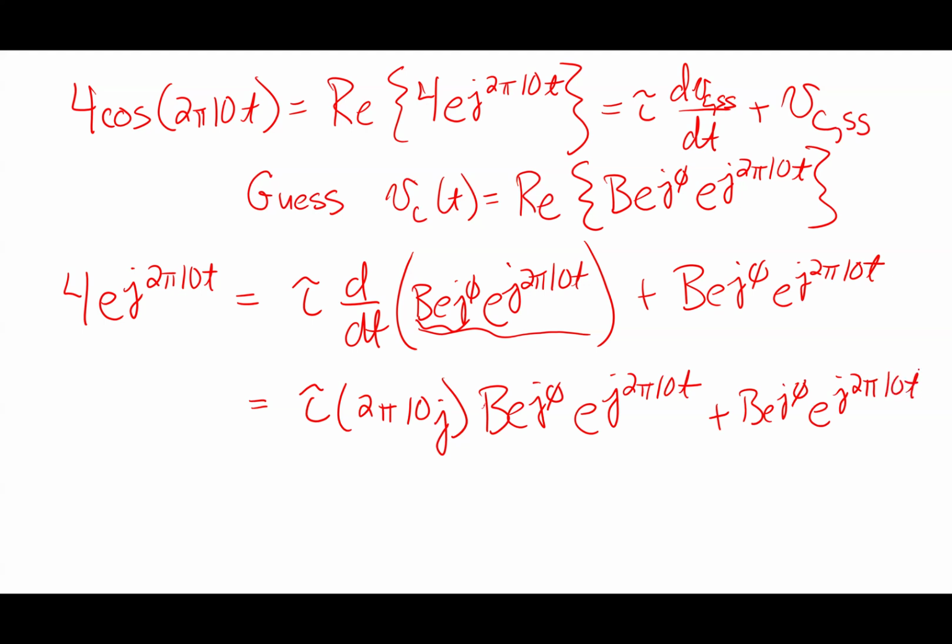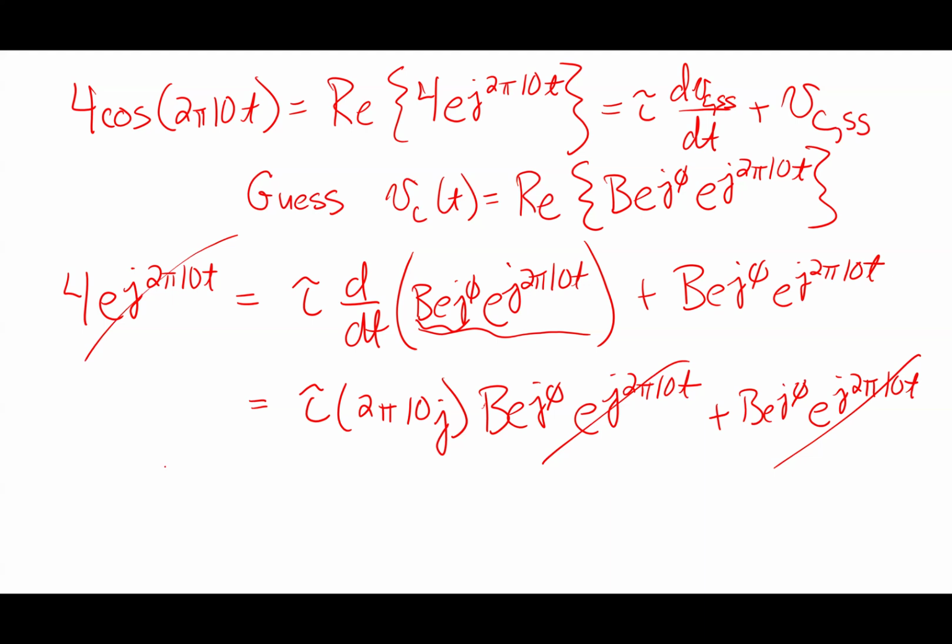Now, both sides of that equation, all terms have a similar term. What term appears in all three parts of that equation? E to the j 2 pi 10t. So if it appears everywhere, algebra says I can get rid of it, right?